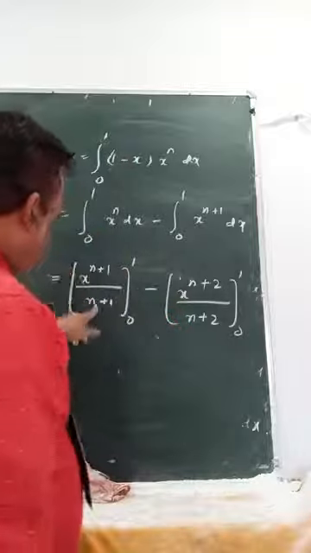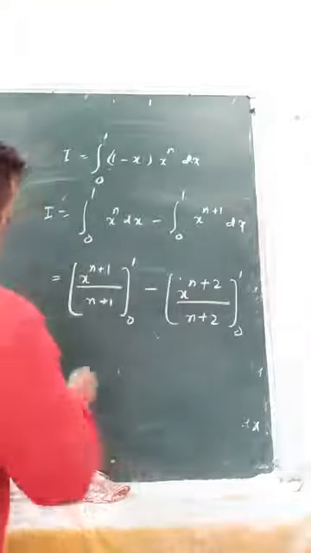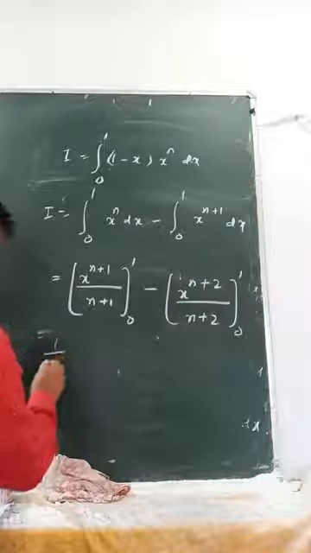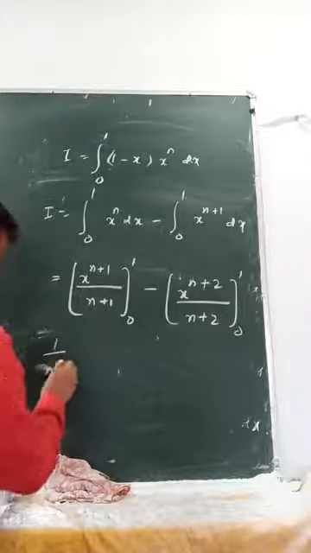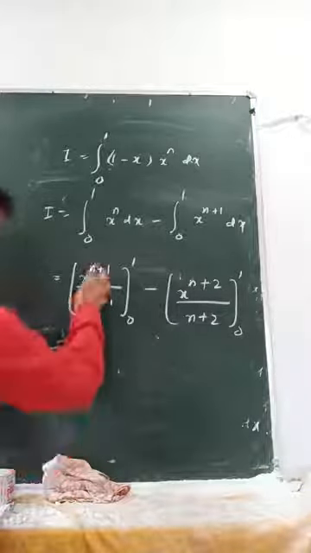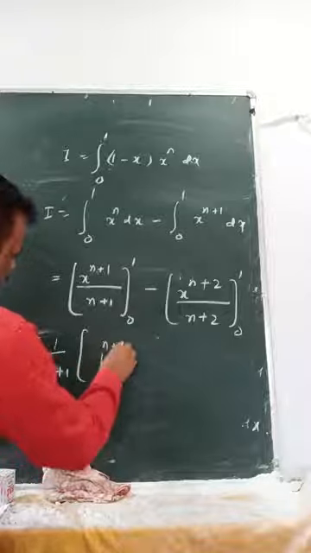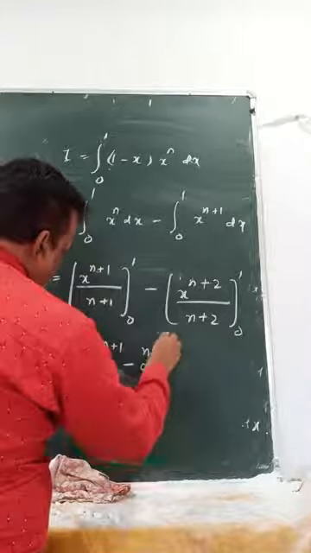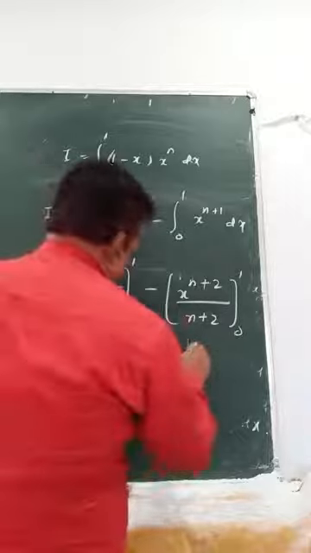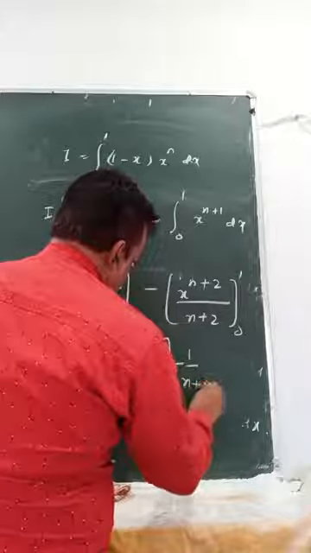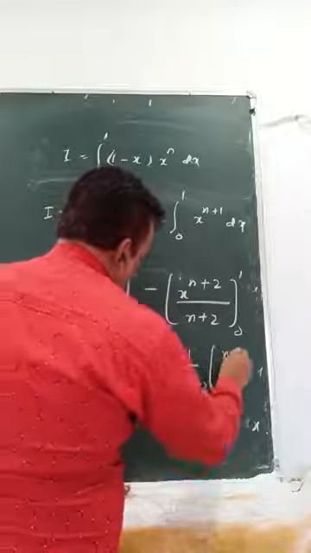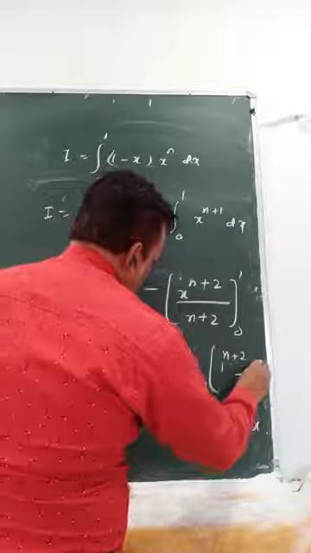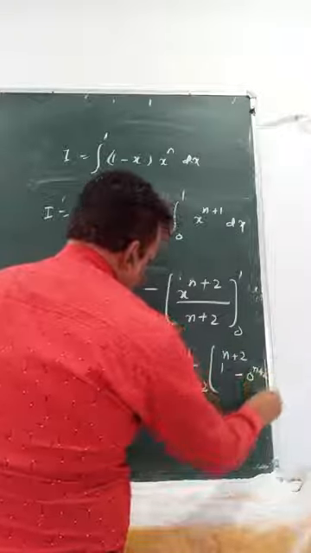So 1 by n plus 1 is constant, you can keep it outside: 1 by n plus 1 into 1 to the power n plus 1 minus 0 to the power n plus 1. Similarly, 1 by n plus 2 you can keep outside: 1 to the power n plus 2 minus 0 to the power n plus 2.